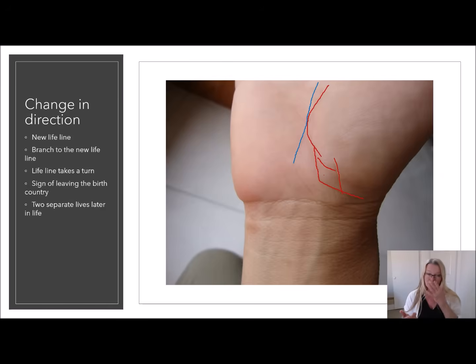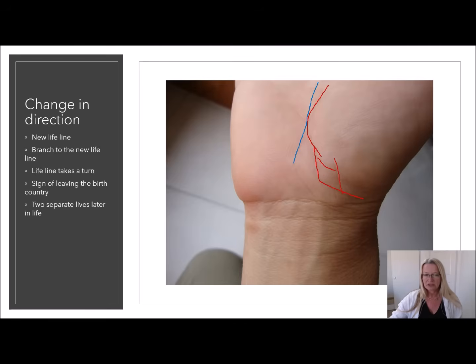So if it's a famous person, as an example, they might have their famous lifestyle, and they might have their being-at-home quiet lifestyle. And then eventually, as they begin to age, the line takes a sudden turn where they probably spend more time at home. That would be the sign of retirement.